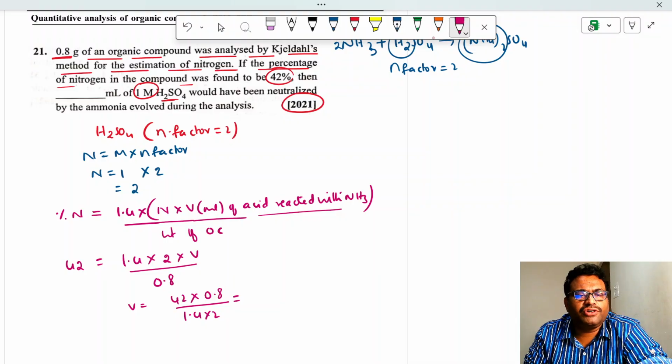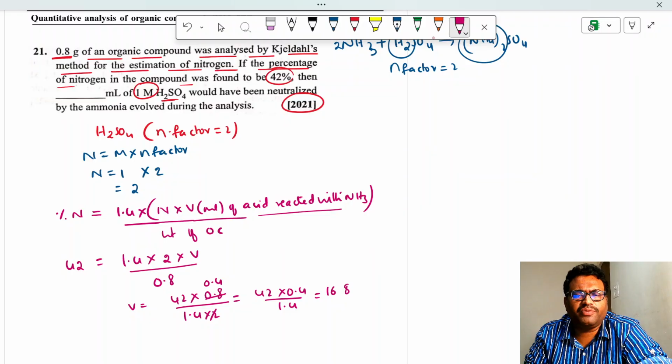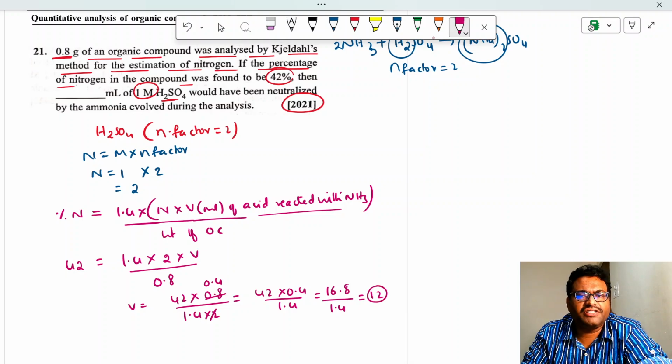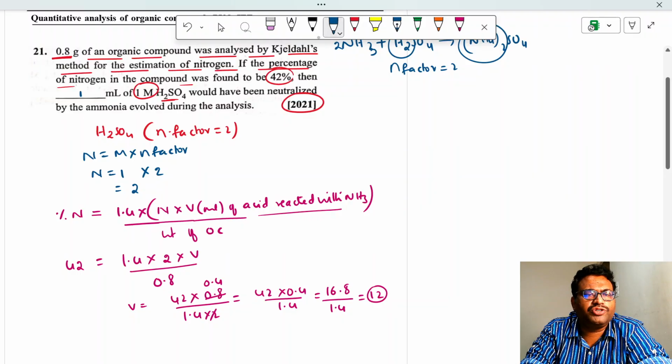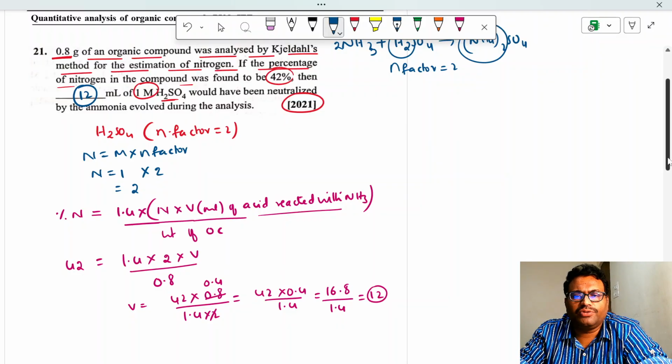On calculating this, 42 into 0.4 by 1.4. 4 twos are 8, 4 fours are 16, so 16.8 by 1.4. How much do you get? 12. So what is the answer? 12 ml. Understood? Let us move to the next question.